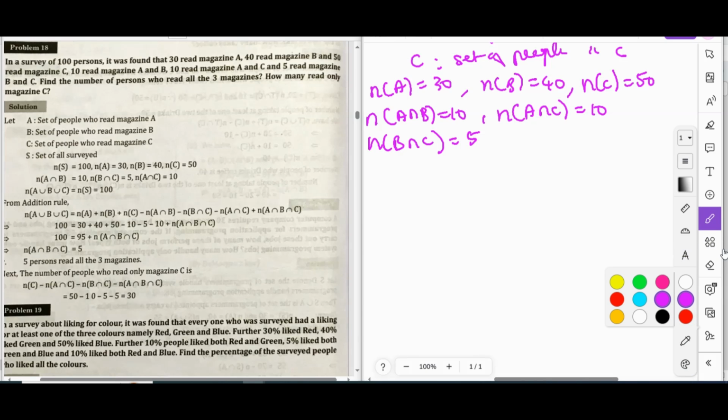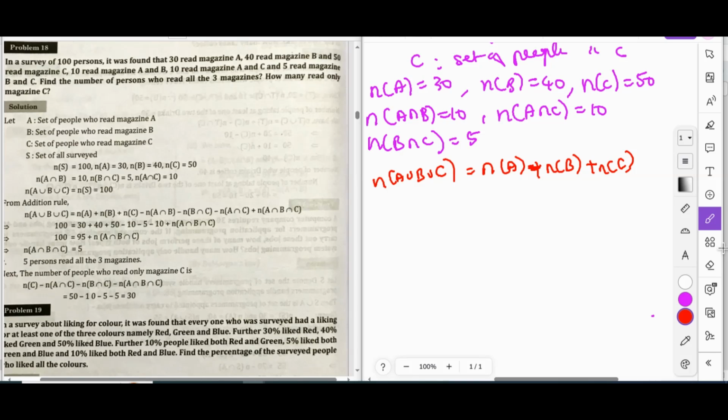Now to find that, we have to find A union B union C. The formula is N of A plus N of B plus N of C minus N of A intersection B, minus cardinal of B intersection C, minus cardinal of C intersection A, plus N of A intersection B intersection C. Now substitute the values we have.